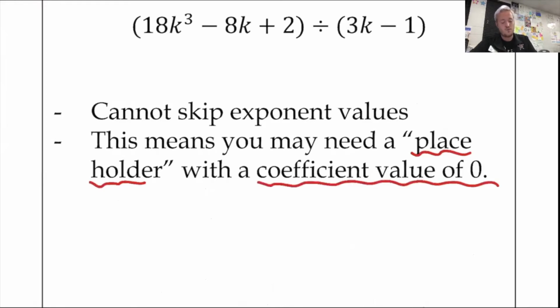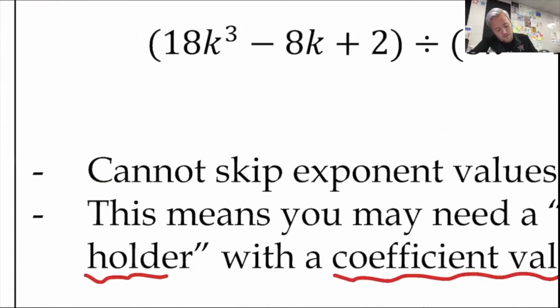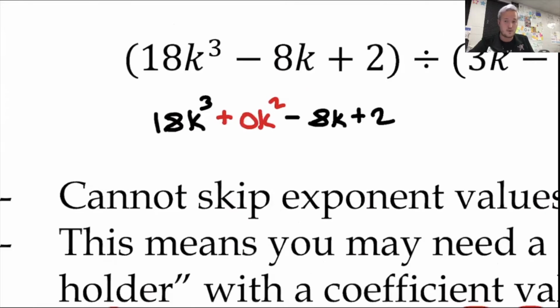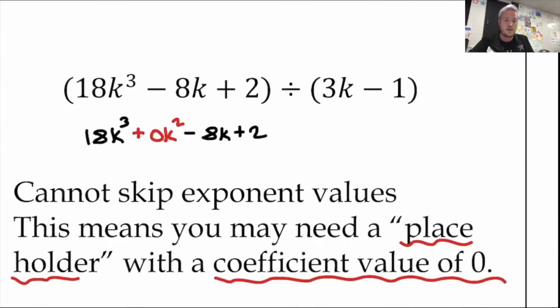All right, so I'm going to rewrite it so that it matches like this. 18k cubed plus 0k squared minus 8k plus 2. So right here, this 0k squared, that's the placeholder. It's still the exact same expression as the original problem. We're just filling in some gaps.